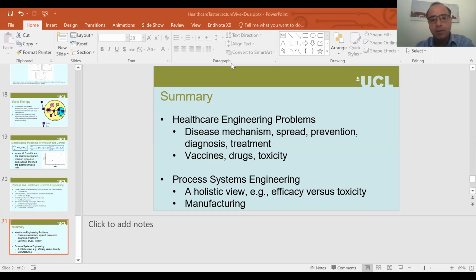Now, the question really is, where do we draw the line about healthcare engineering? Healthcare engineering spans many applications. In certain applications, it has been very effective and it is used a lot, but not so much in certain other applications.